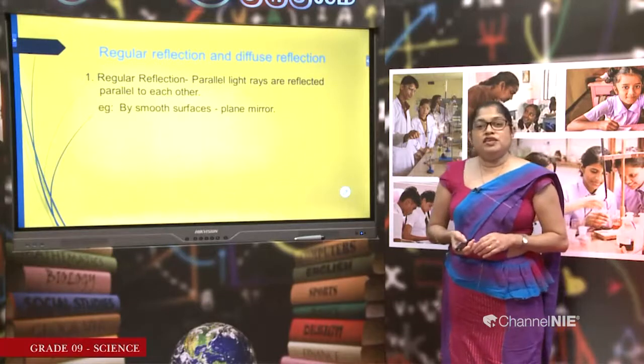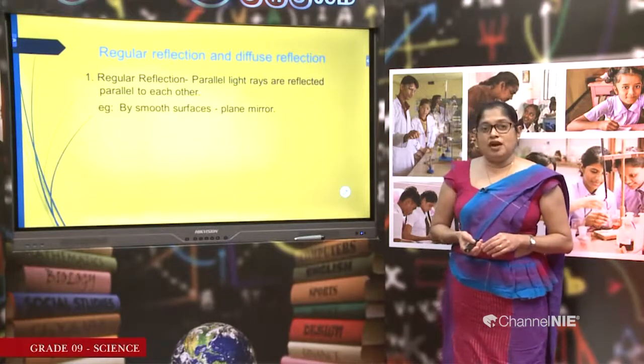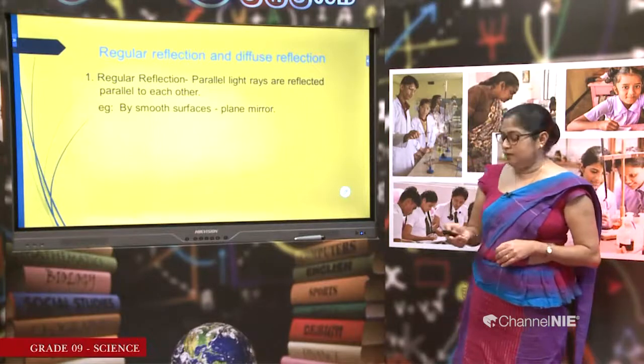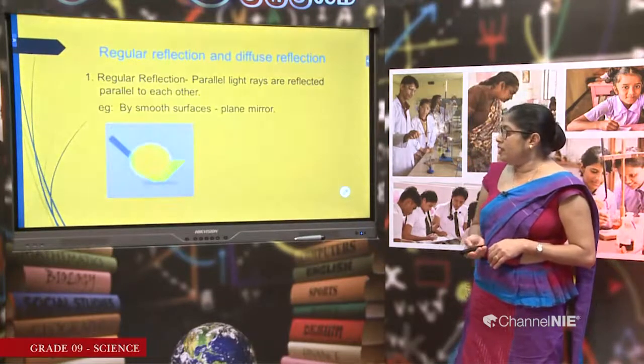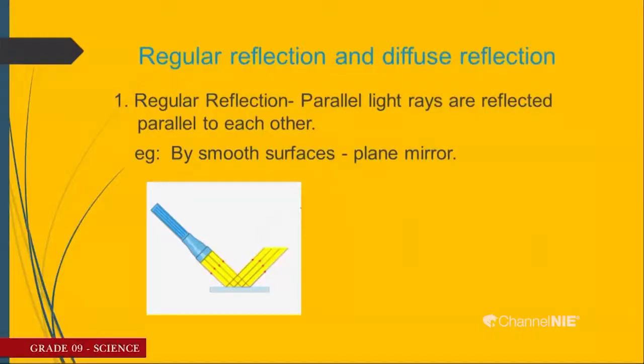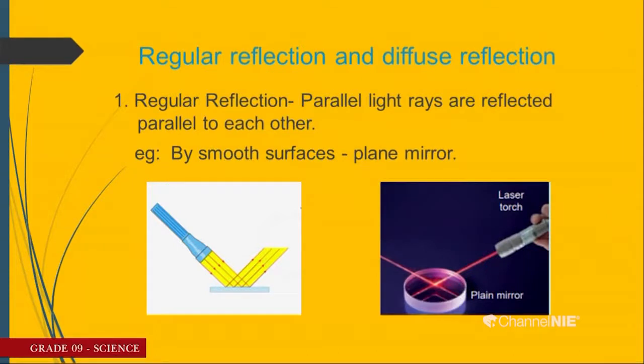Regular reflection is done most of the time by smooth surfaces, for example, a plane mirror. You can see a beam of light directed on a plane mirror is reflected as a parallel beam of light. This is an example to show regular reflection by a plane mirror.